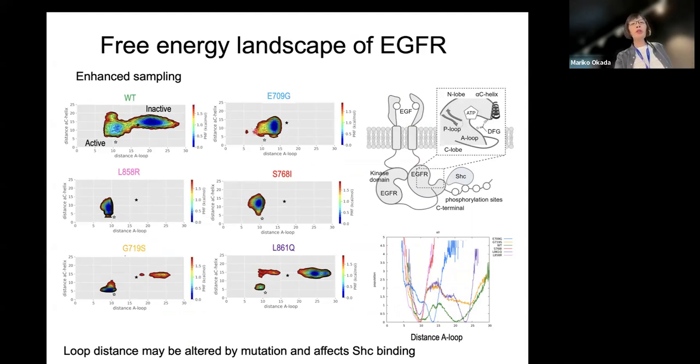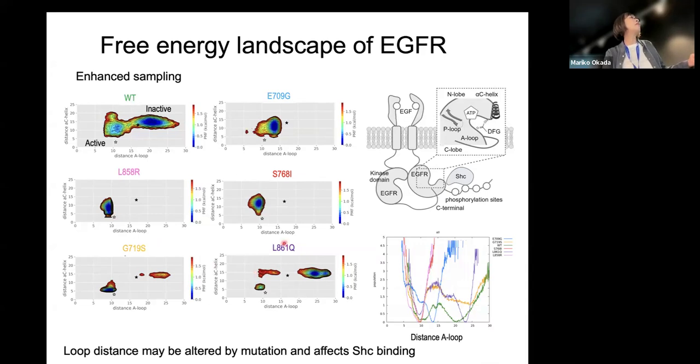With this method, we see that the wild type showed active and inactive states without ligand, but this mutation has only an active state, and this mutation has two states and so on.